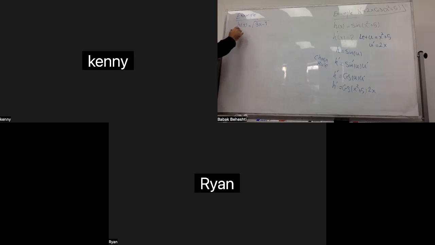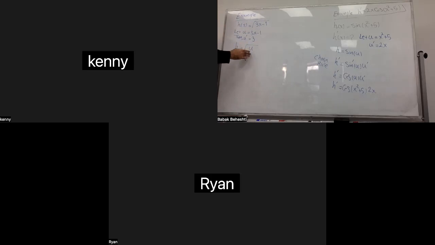Let u be equal to 3x minus 1. If u is 3x minus 1, then u prime is equal to 3.